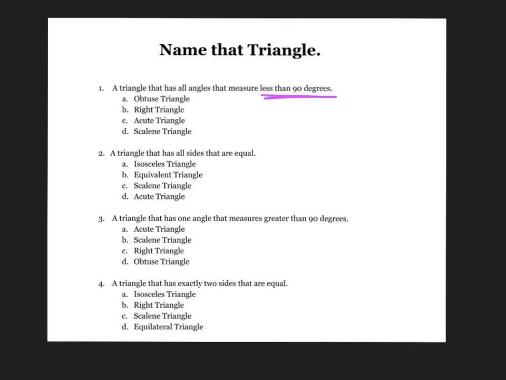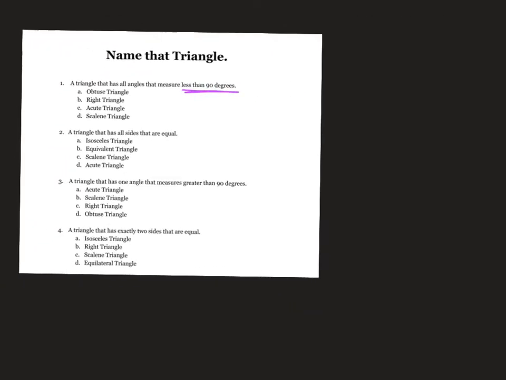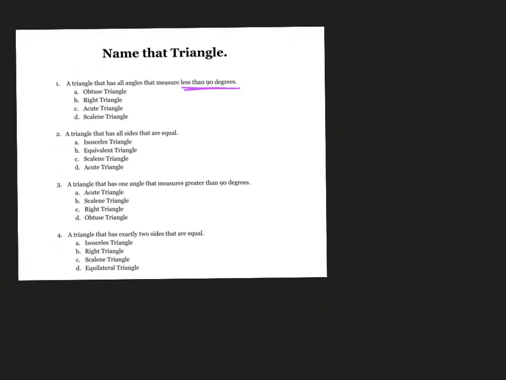Okay, so let's review something really quick because we can classify a triangle based on its angles or based on its sides. So let's review what we know about these angles and these sides for just a second. I'm going to kind of move this off to the side for a minute. So if we're classifying by its angles, we have three options.